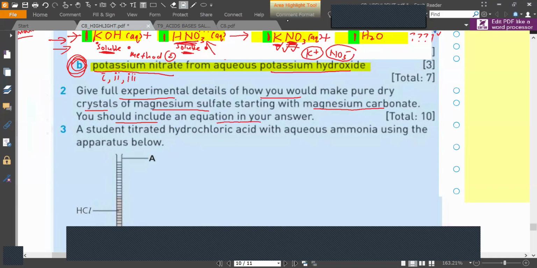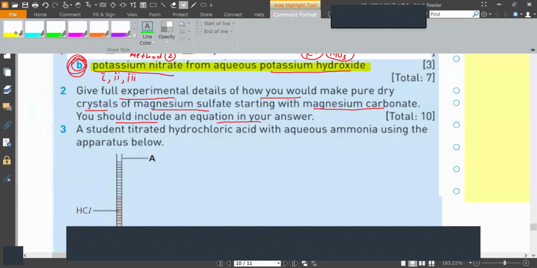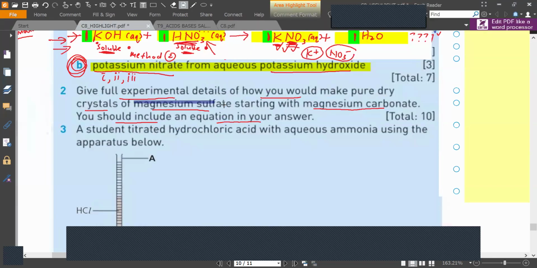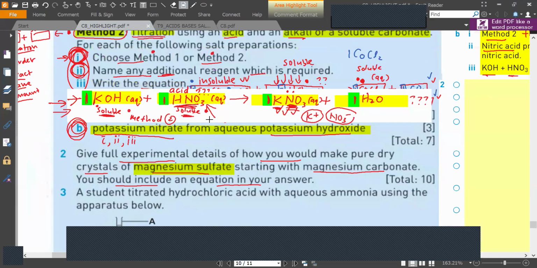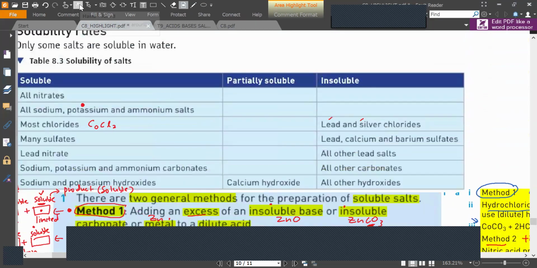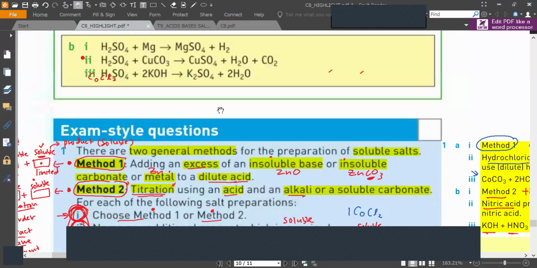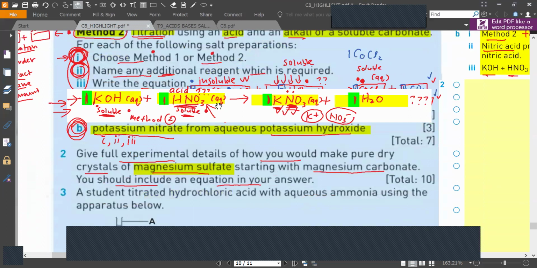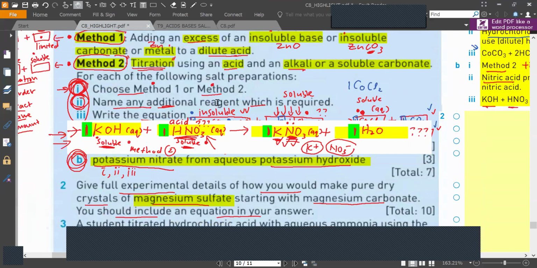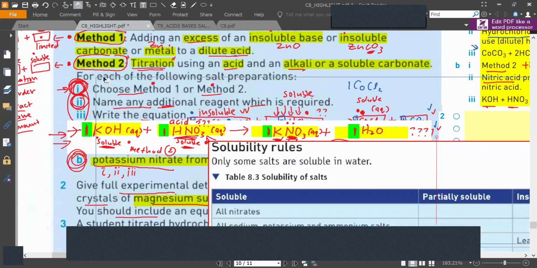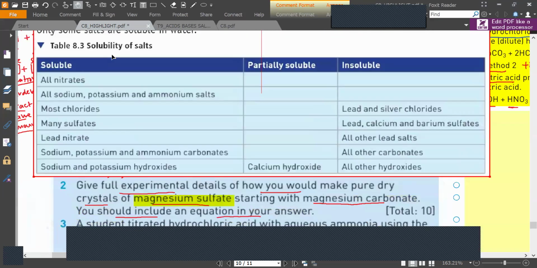First, our objective is to produce magnesium sulfate.